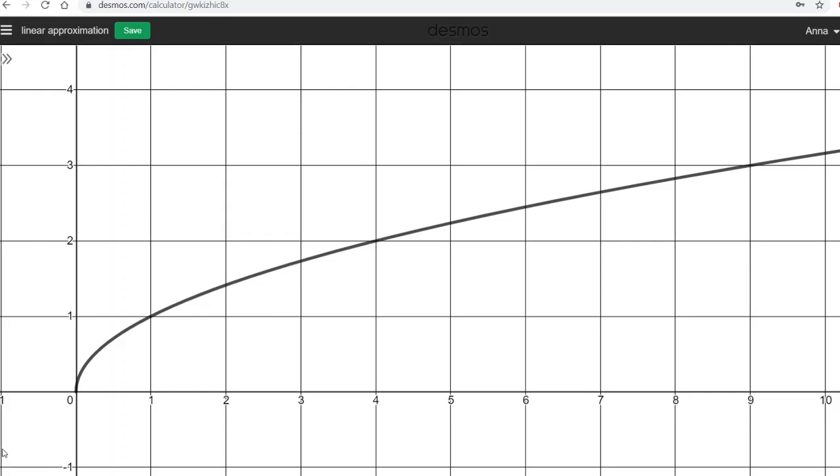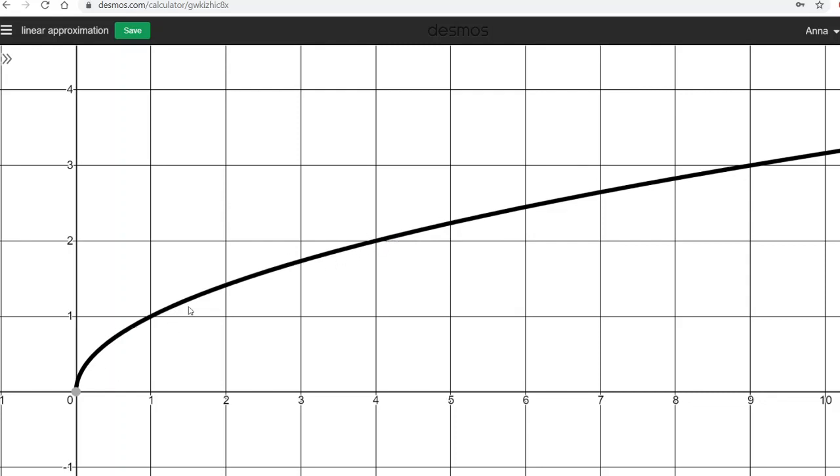So you'd do f of 4.05 and plug it into this graph. I can't get my mouse to sit on it, but I'll tell you later what the value of the square root of 4.05 is.